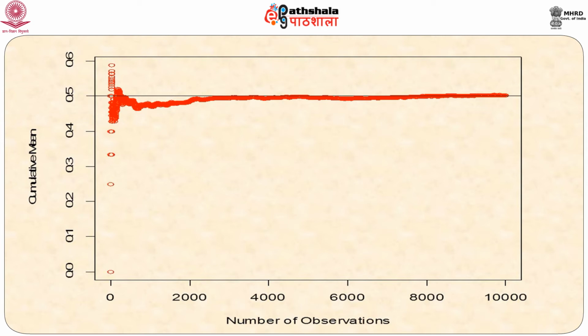In the previous case, since the true underlying distribution has mean 0, it tends to stabilize around 0. Here, remember, we had started with an unbiased coin which has 0.5 as the probability of getting a head. So, as the simulation size increases, the sample proportion converges to the true value, which is 0.5 here.